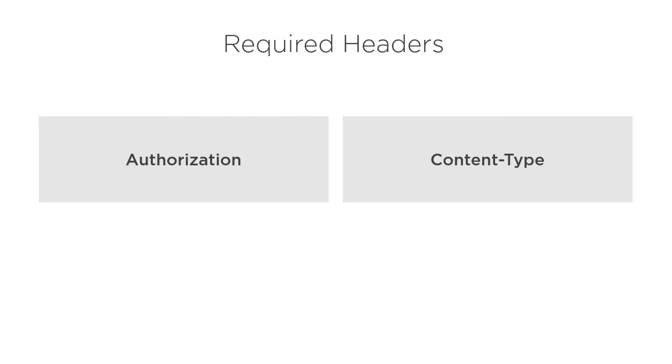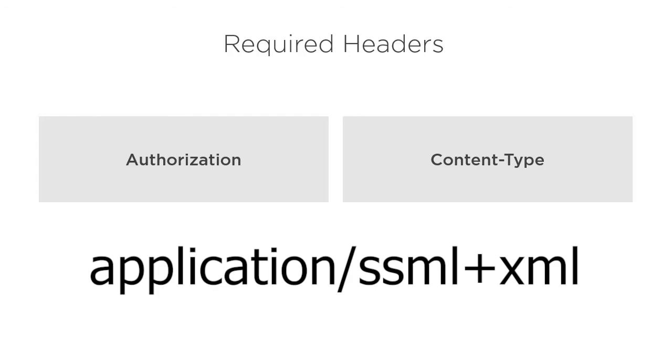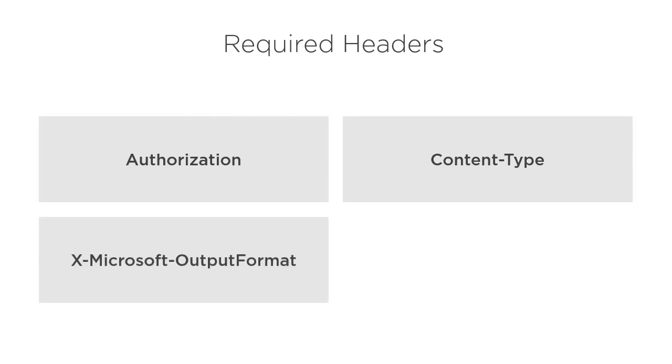Due to the fact that the message body is always SSML, the content type header is always application/ssml+xml. To specify the audio output format, the X-Microsoft-OutputFormat header is used. At the time of this recording, there are currently 13 different audio formats to choose from.